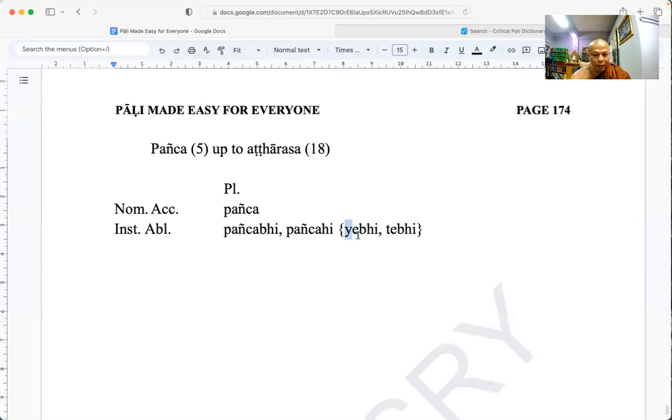If that banja belonged to the pronoun group, maybe it would be binji, binjehi like that. So that is different, and they are not considered as a pronoun group in this way.